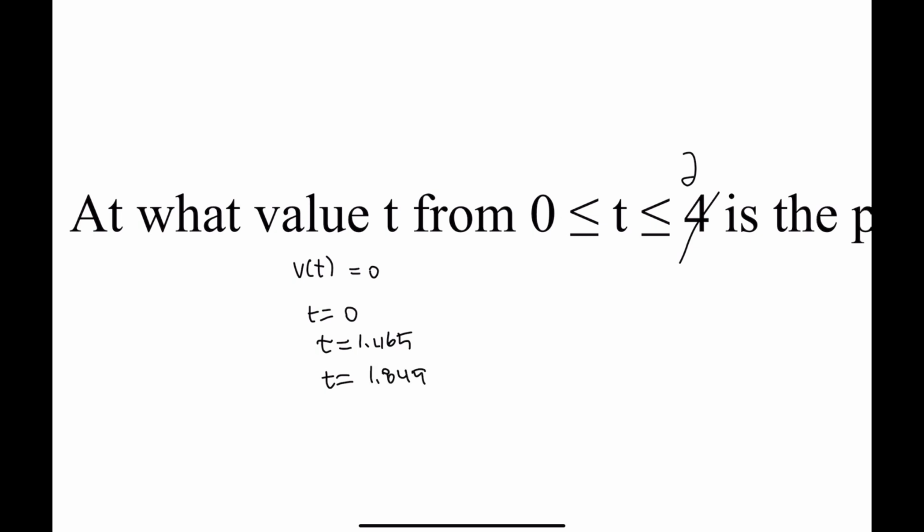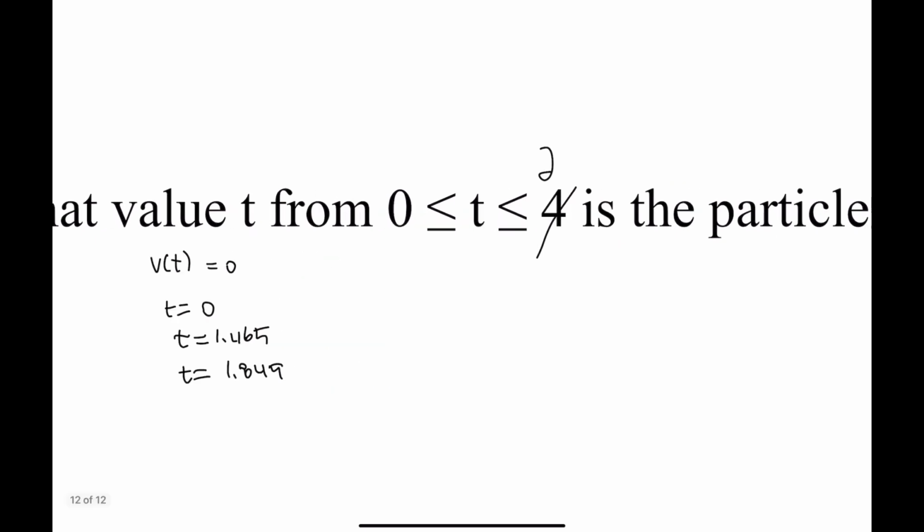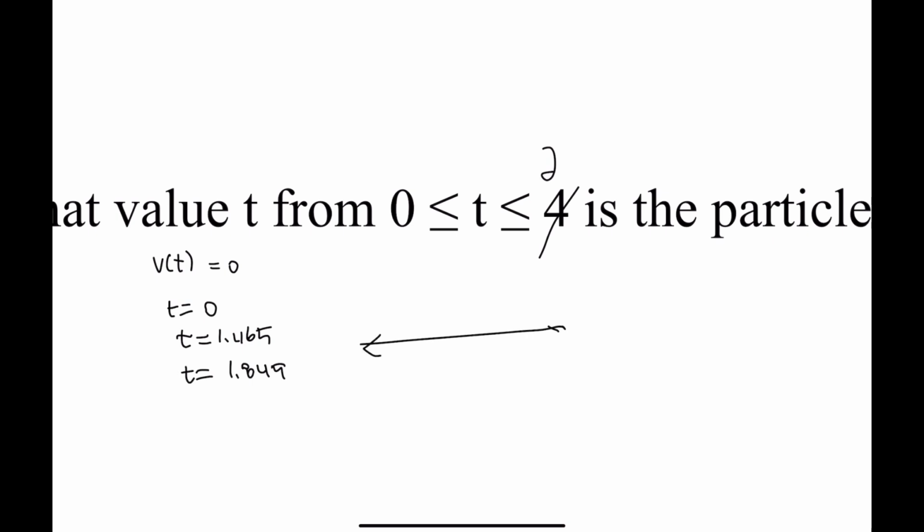So these are when v of t would be equal to 0. And then on a number line, let's graph these values. So 0, and then we also have 2, and then we have 1.465 and 1.845, right? Okay, so from 0 to 1.465, the graph is positive, okay?